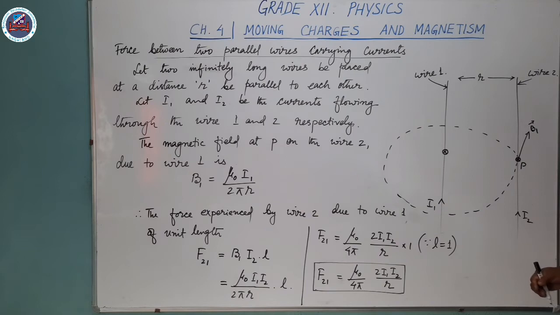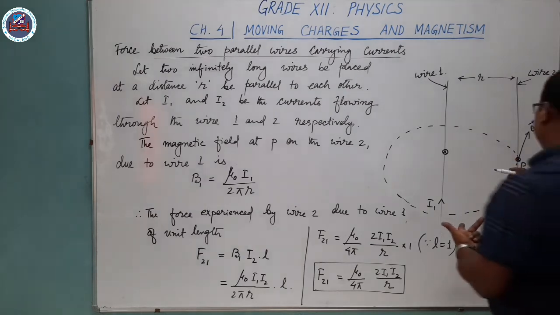So when you use Fleming's left hand rule, this is your current direction, it is going up, and the magnetic field is going inwards. Then the force will be towards the wire.